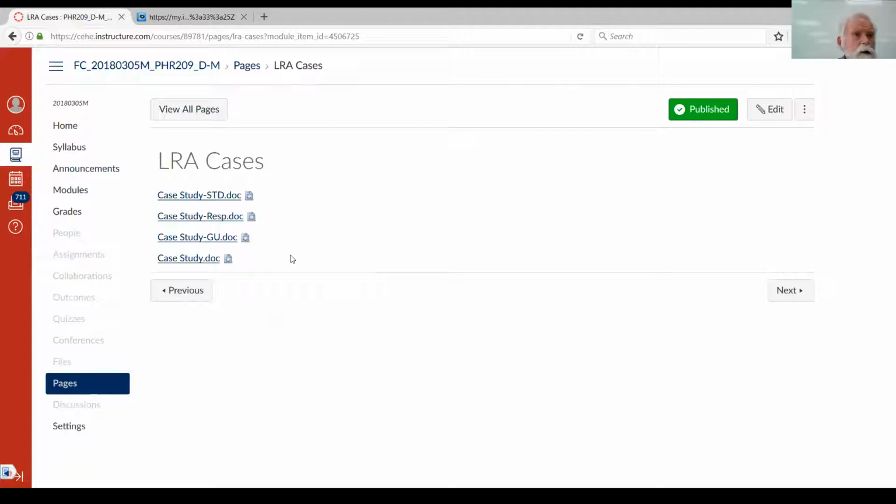Pardon? It's in the course home, right under the LRA assignment document that describes the assignment. You'll see LRA cases.